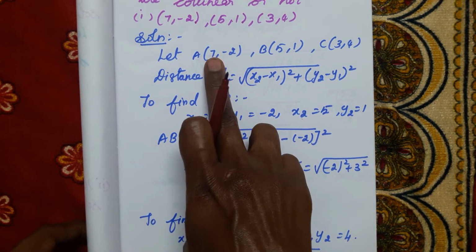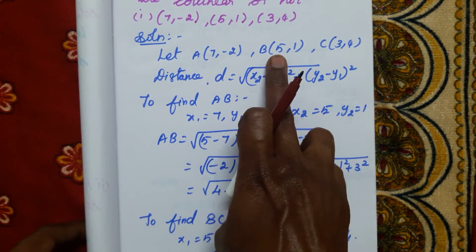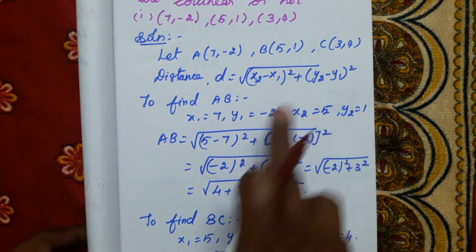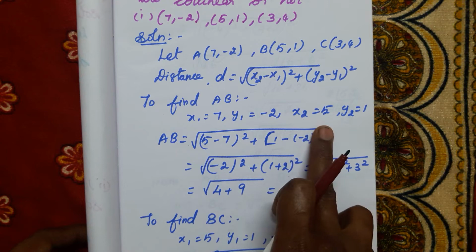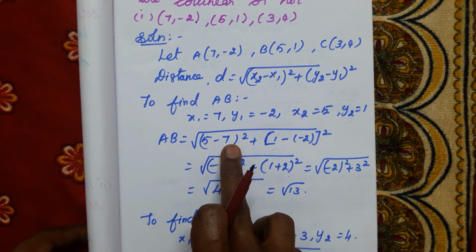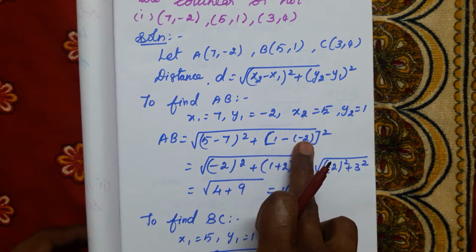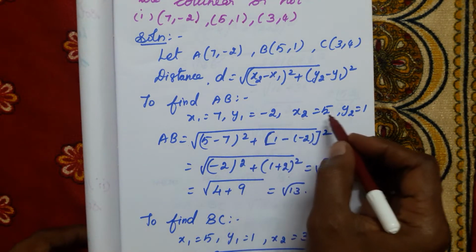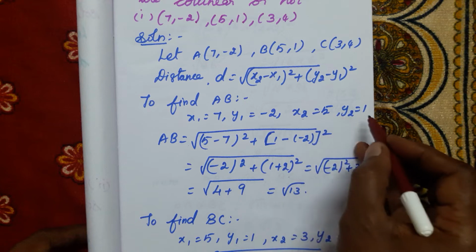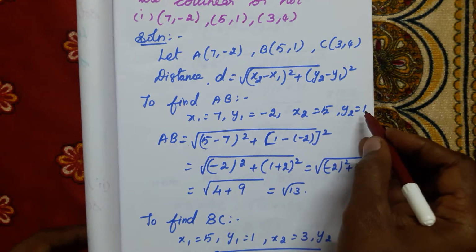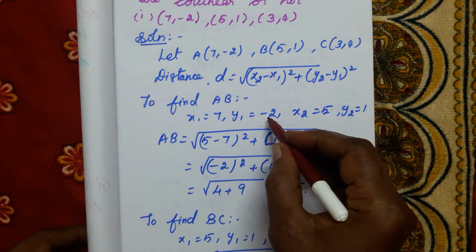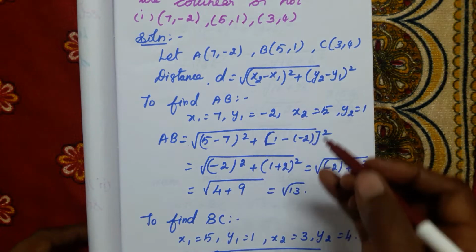To find AB, it is x1, y1, x2, y2. AB is equal to root of 5 minus 7 the whole square plus 1 minus of minus 2 the whole square.